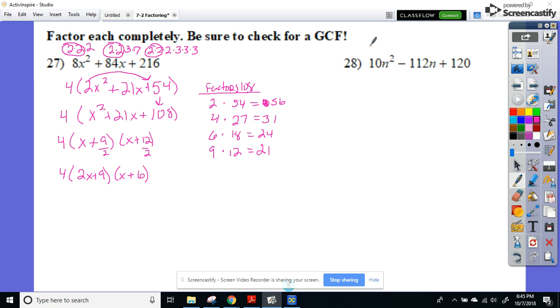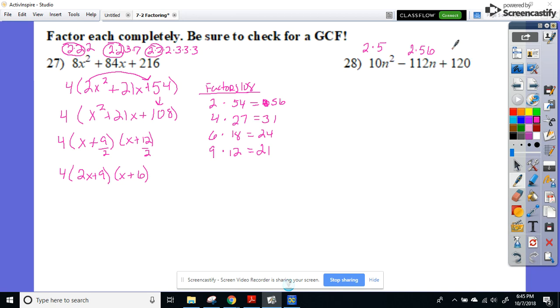One more time. Let's see. Oh my goodness, these are huge numbers. 112 divided by 2, that's 2 times 56.